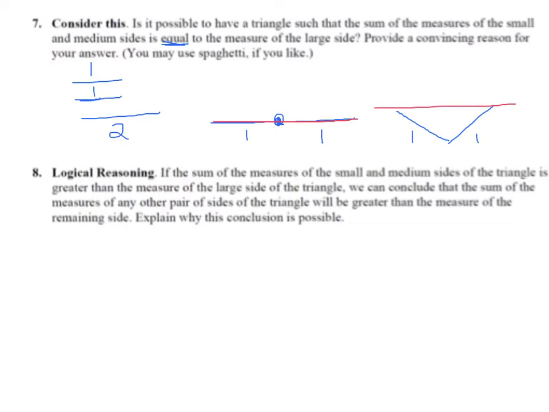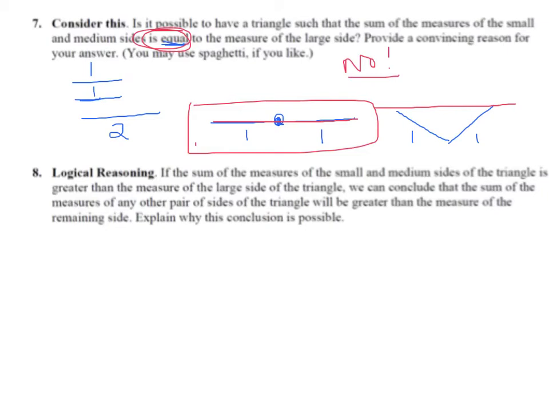And what we have here is if you have this equality, the only way for the 2 to be equal is for them to be perfectly flat, like in this scenario. And that is not a triangle. There's no angles there. They're right on top of each other. So that would be my reasoning for why the answer is no, they cannot be equal. Okay? It is a strict inequality, hence triangle inequality.